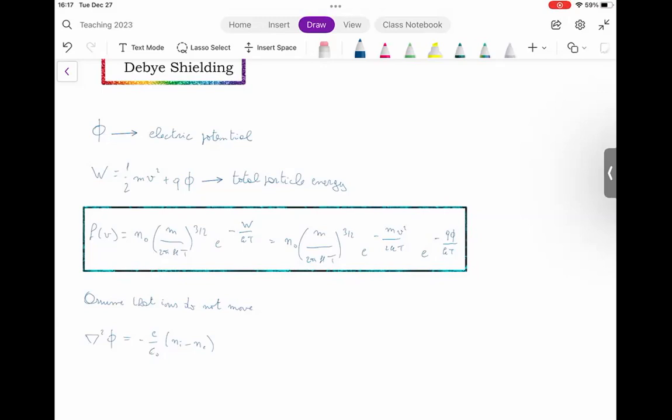Anyway, before I do that, let me do something more. I'm going to assume that there isn't really anything else going on in my plasma. My plasma was there, just sitting happily. There is no magnetic field, no other disturbance with respect to the isotropy and homogeneity of the plasma.